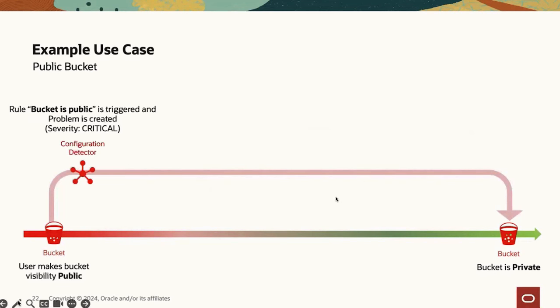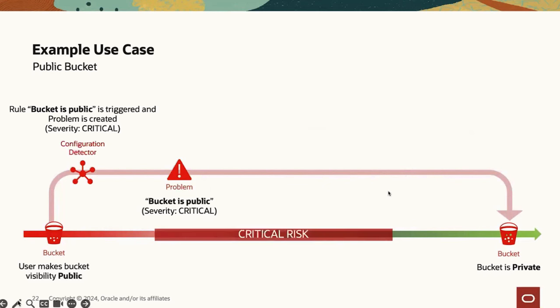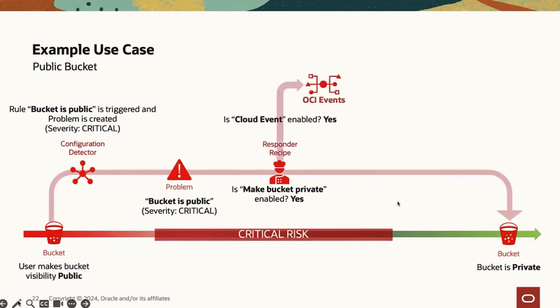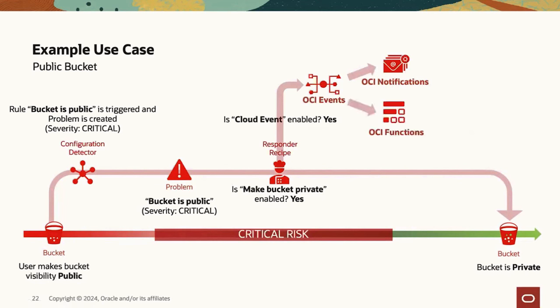The detector type is called configuration detector, and it has a rule called bucket is public. Upon the scan, the rule is triggered and a problem is created at critical level. The responder then checks to see if the cloud event is enabled, and if so, sends the event to OCI events, which can send a notification or maybe invoke some code via OCI functions.